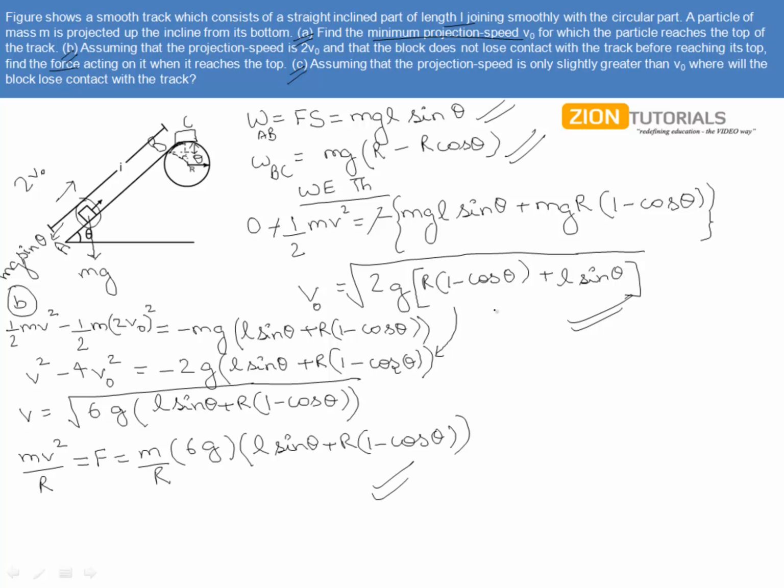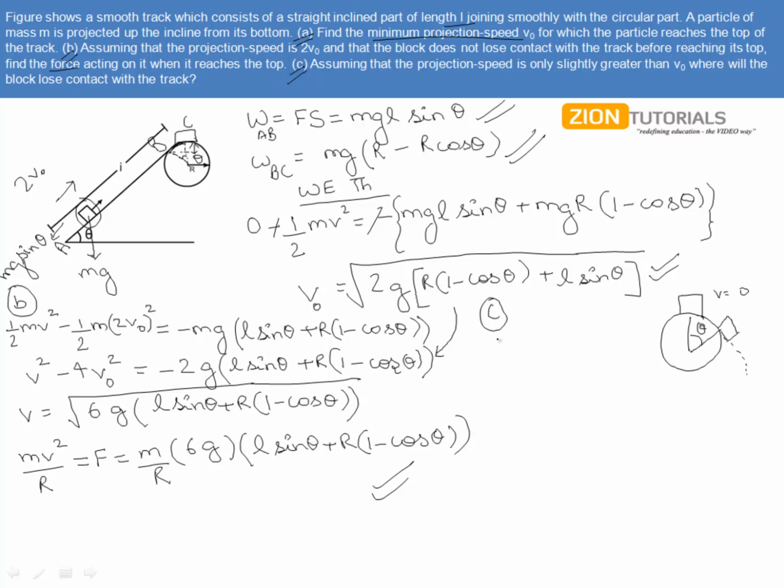Now coming to the third part, that is the C part of this question. Here we need to find out where this block will leave the contact from this circular part. If the speed is slightly greater than v naught, this means that the velocity to be taken here is 0. It is just going to slip and somewhere it will fall like this. Let us take that angle to be theta with the vertical, right?